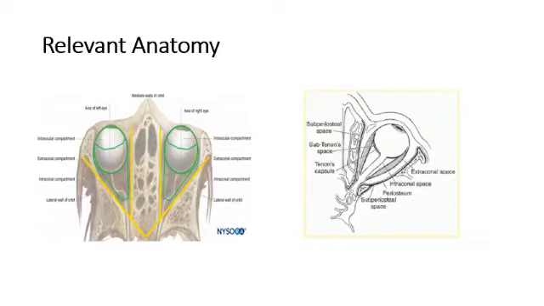And the extraocular muscles, they arise from the annulus of Zinn, as you already know, and these muscles go and insert a little away from the limbus. So the muscles encircle a space which is called the intraconal space, and the space around these muscles is called the extraconal space. So what are the contents in this intraconal space?